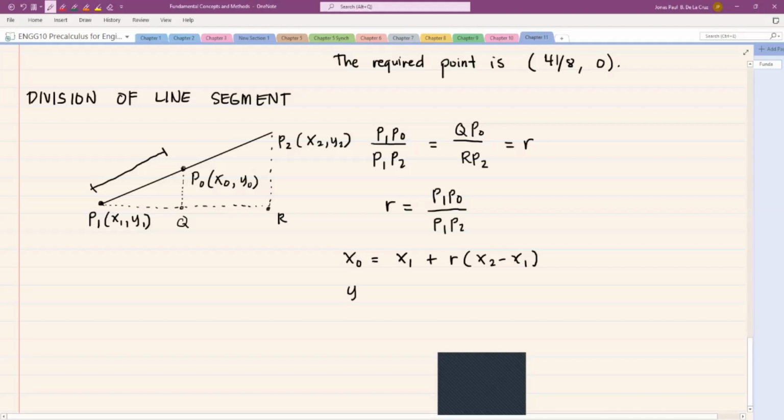Tapos yung y sub O naman is equal to y1 plus R times (y2 minus y1).